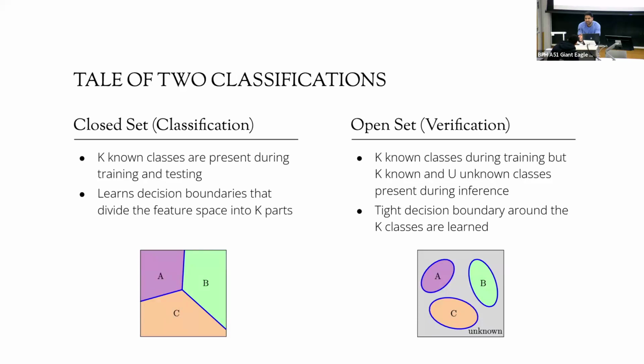However, in the open set, we can even have new people in test which are not present in training, which means your model should be able to generalize to a completely different person altogether and tell which images of the new person belong to the same person versus which images probably belong to people who were part of the training set. So in open set, instead of finding decision boundaries, we try to cluster all the samples together.